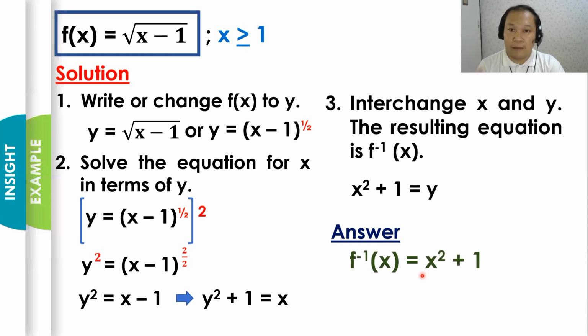Because a quadratic function is a many-to-one correspondence, since it touches at most 2 points using the horizontal line test, our x will be greater than or equal to 0 as our restriction.